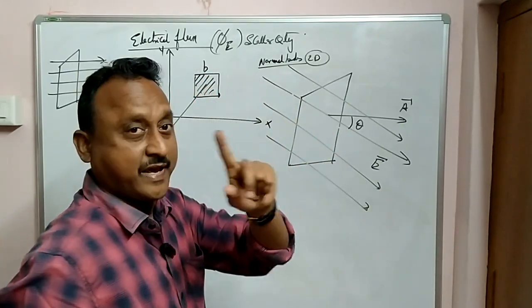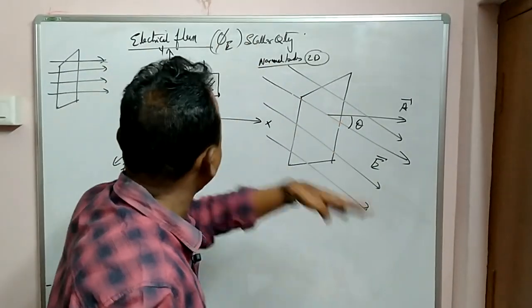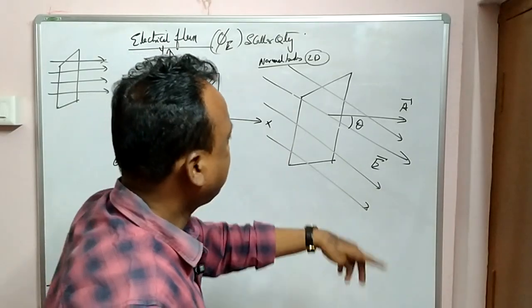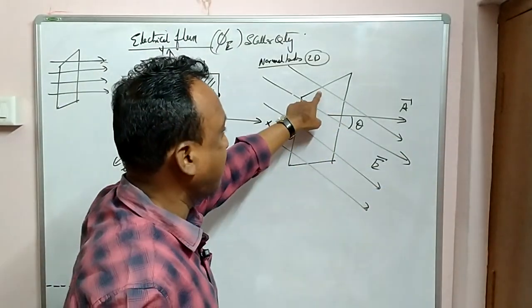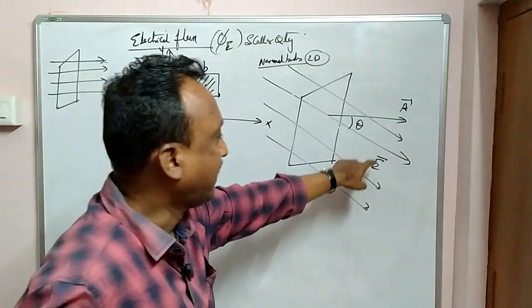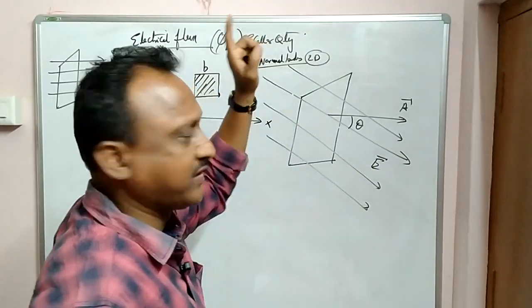Okay? So please make a note here. These are lines, electrical flux lines passing through. The angle should not be with the surface. The angle should be between the area vector and E, not with the surface, please.